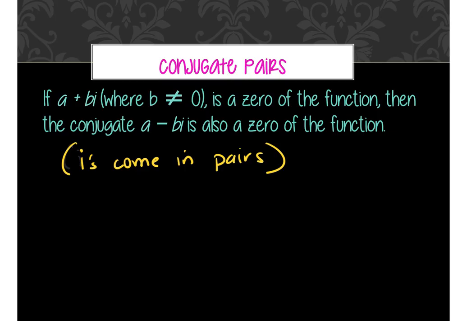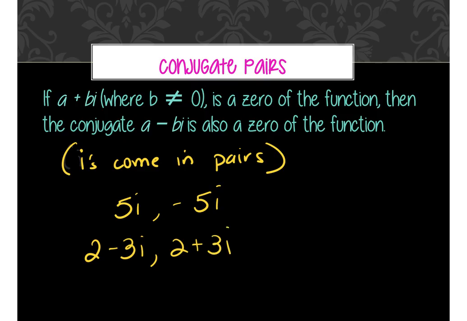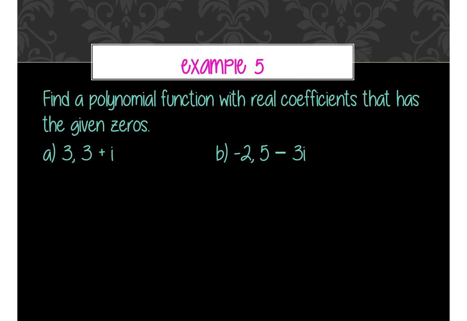And if I said 5i was one of your zeros, then we would add negative 5i. If I said 2 minus 3i is one of your zeros, then we would add 2 plus 3i. We would automatically know its conjugate is also a zero. So example 5 says, find a polynomial function with real coefficients that has the given zeros.